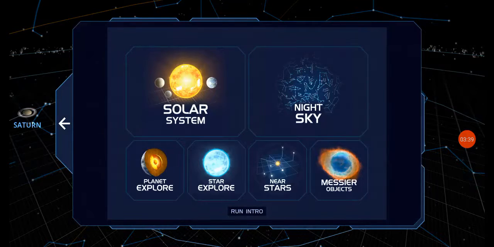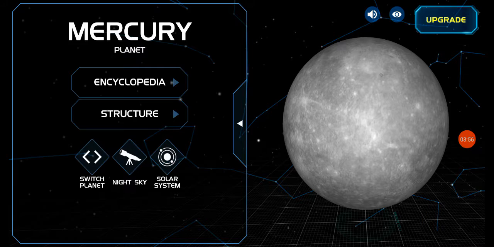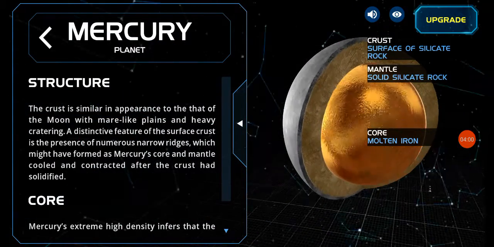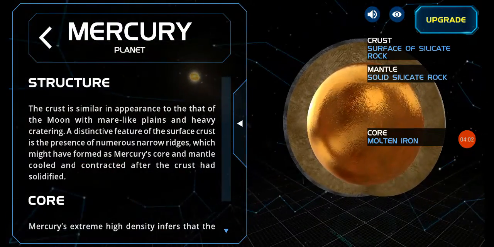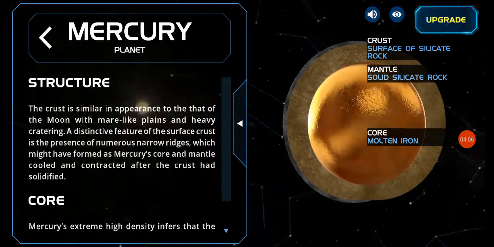Let us discuss the planets now. As I've said, there are 8 planets: Mercury, Venus, Earth, Mars, Jupiter, Saturn, Uranus, and Neptune. For now, you can see the structure of Mercury.